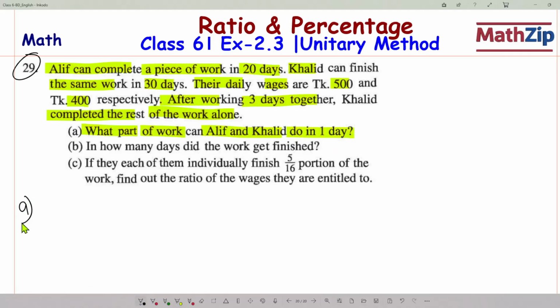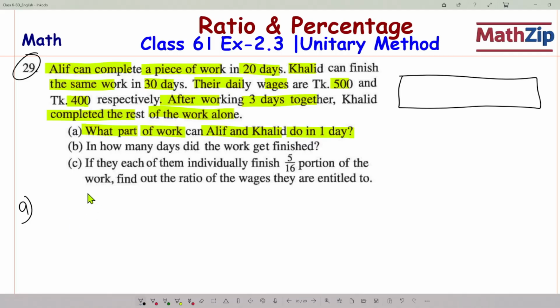So A, so first we think this is a work, okay, but we don't know the unit of work. So let's say this is a work.